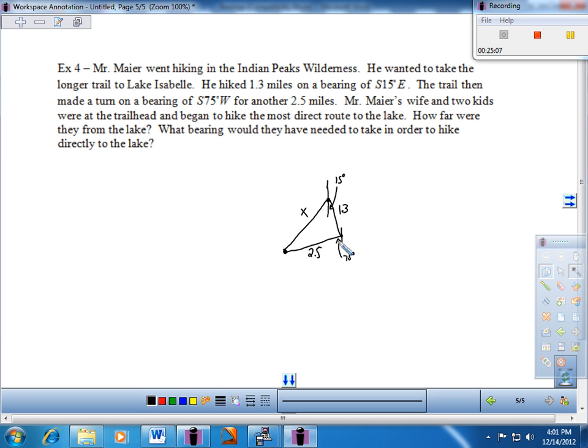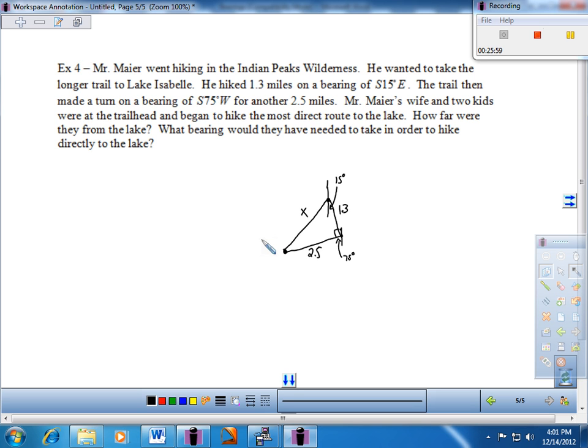So this I already labeled as 75. And take a look at the geometry, everybody. That's 15 degrees right in there. So alternate interior angles, if that's 15 degrees, right in here, guys, that's also 15 degrees. So 75 and 15 make 90, which means whatever's left, which is right in here, let's see if I can draw that in. There's your right angle. Okay, good.